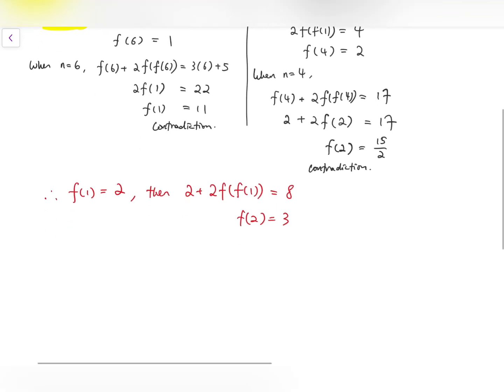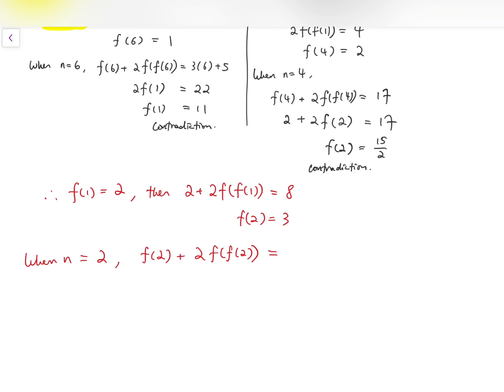Now from this, we can put n equals 2 into the given equation. f of 2 plus 2 times f of 2 equals 3 times 2 plus 5, and that's 11. So 3 plus 2 times f of 3 equals 11, and we have f of 3 equals 4.